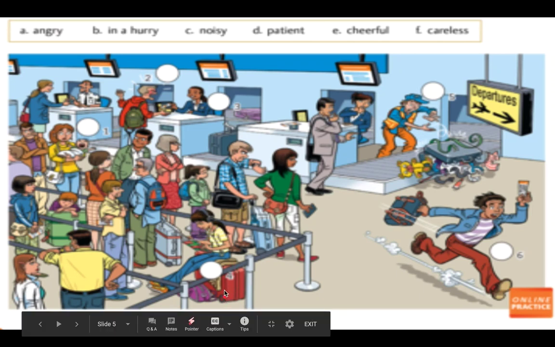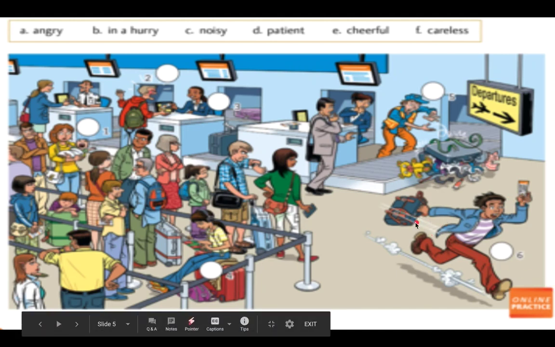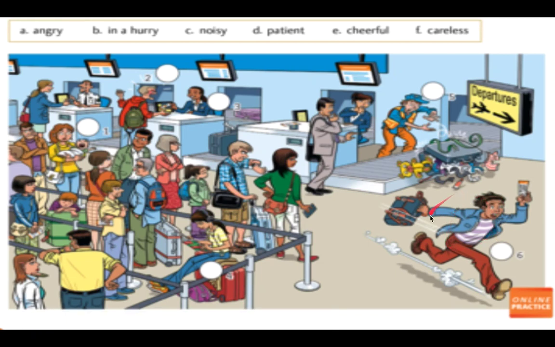She's sitting on her suitcase. And number 5 is the airport baggage worker. And number 6, he's running. He must be late. He has his ticket. And he's running fast to catch an airplane. So we have a passenger.